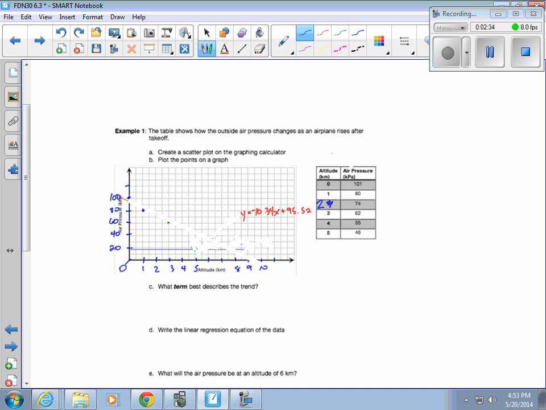So 2 and 74, approximately there. 3 and 62, so it's just above. 4 and 55, it's going to be a little bit better than halfway. 5 and 46, so approximately there. So that's what our data looks like.